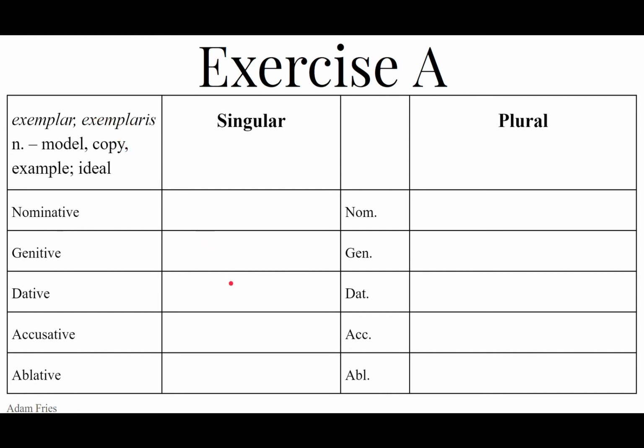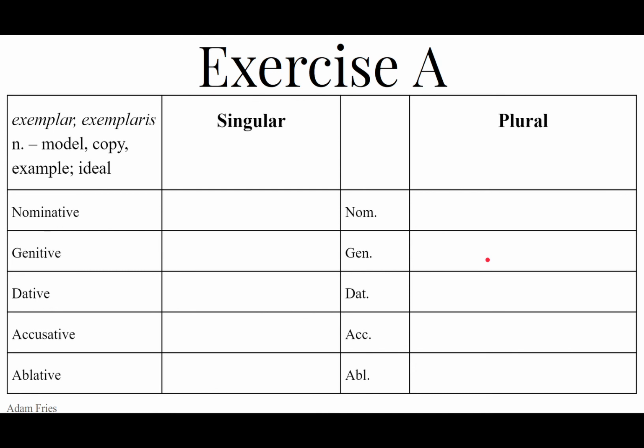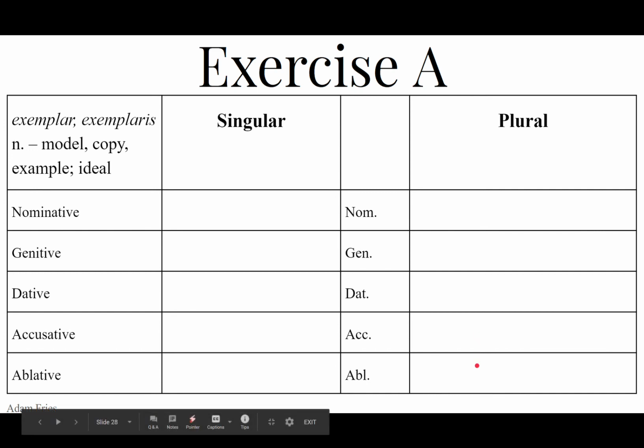Go ahead and write that for the rest of the blanks. And then we add those endings. Exemplari, exemplar, exemplari, with the letter I, exemplari, exemplaria, exemplarium, exemplaribus, exemplaria, exemplaribus.